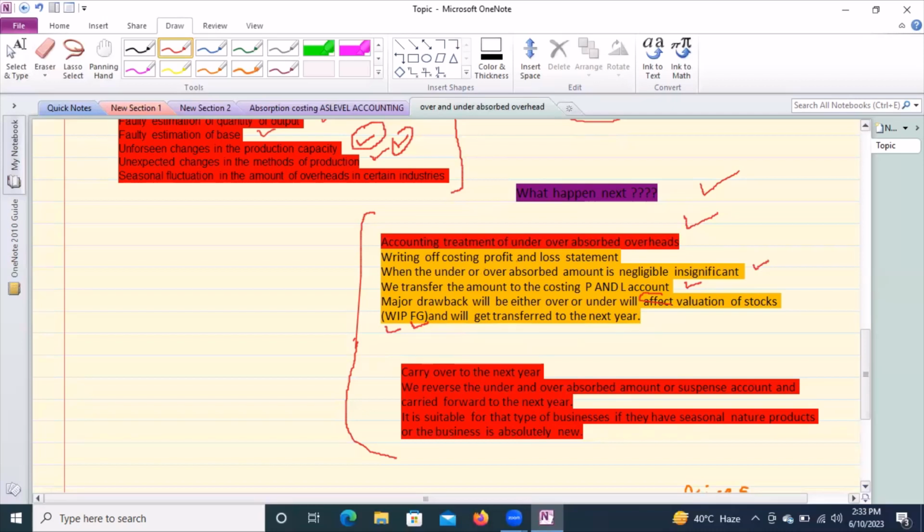Because, for example, if we are changing our production cost according to our forecasted amount, what happens?